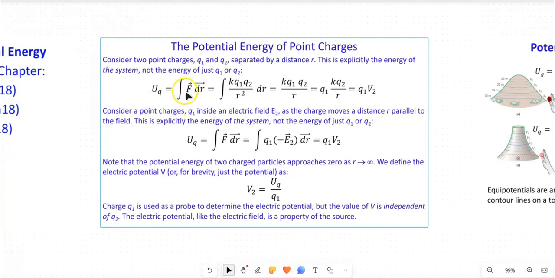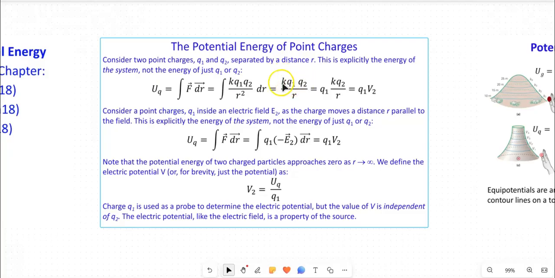Or if you're 111, it's just force times distance. Well, electric force in this case is KQ1 Q2 over R squared, and that was in 1.2 of this class, I believe. When you integrate that, you end up getting KQ1 Q2 over R.